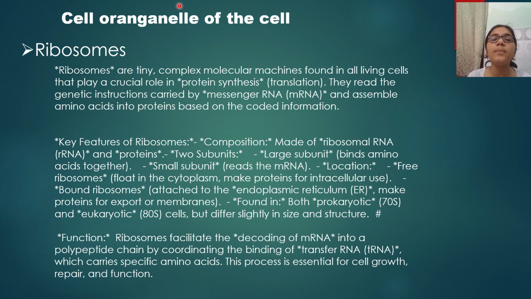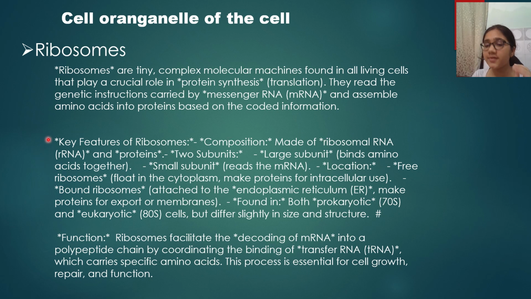Ribosomes are tiny complex molecular machines found in all living cells, and they play a crucial role in protein synthesis, translation. They read the genetic instructions carried by the messenger RNA and assemble amino acids into proteins based on the coded information.